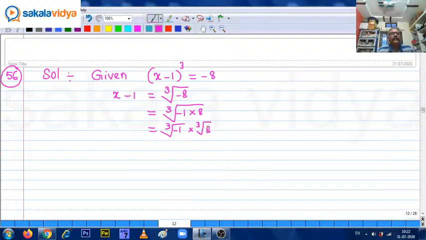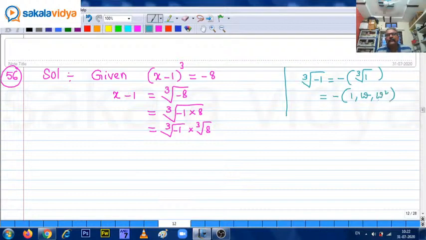The cube root of minus 1 equals minus of the cube root of 1. The cube roots of 1 are 1, omega, omega square. So this we can write minus 1, minus omega and minus omega square.